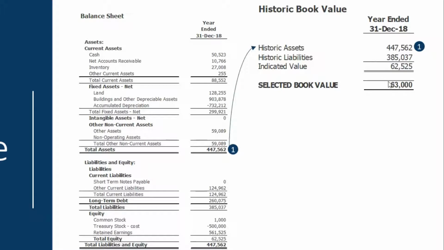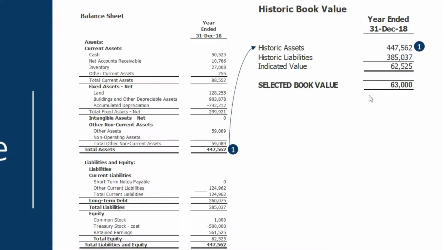So $63,000 based on historic book value for a company that generated revenue of 350 to 500,000 each year for each of the 20 years of operational history.